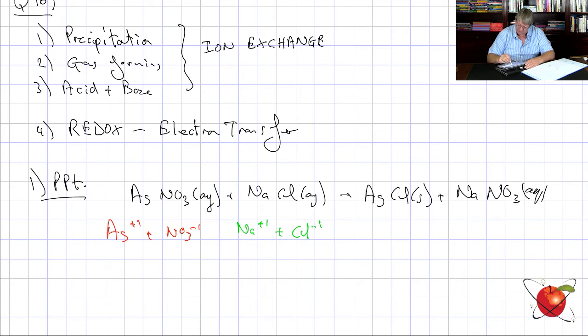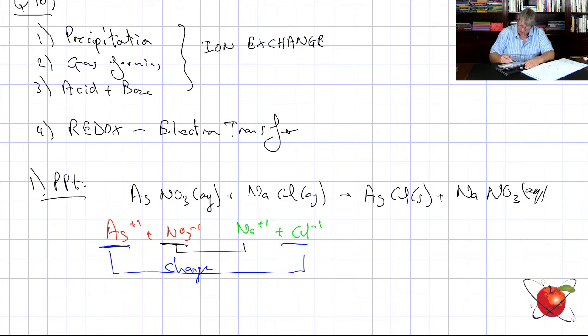And what happened is this one went off with that one, and this one changed partners like that, correct? That's what actually happened. This is the ion exchange.